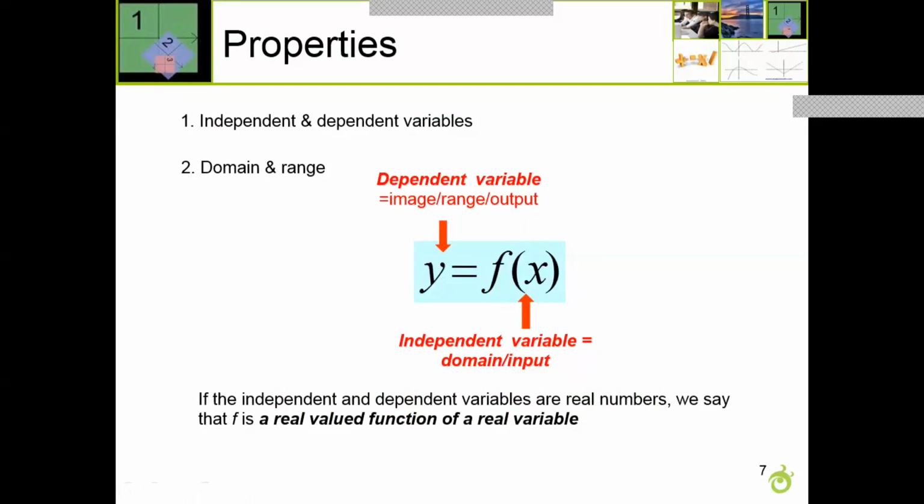Domain is the values of all the independent variable, and range is all the values of the dependent variable. So if the independent and dependent variables are real numbers, then we say that f is a real valued function of a real variable.